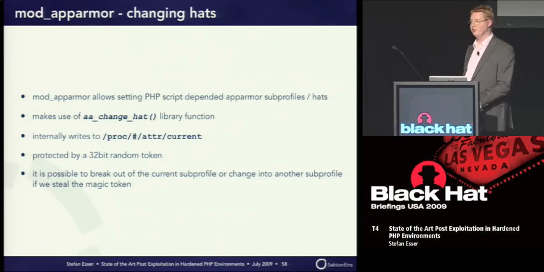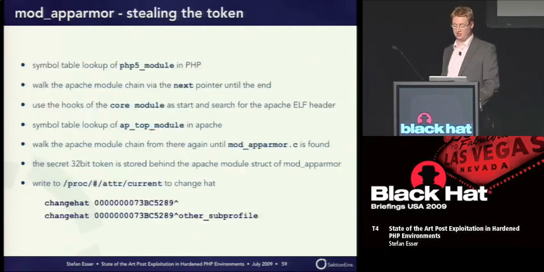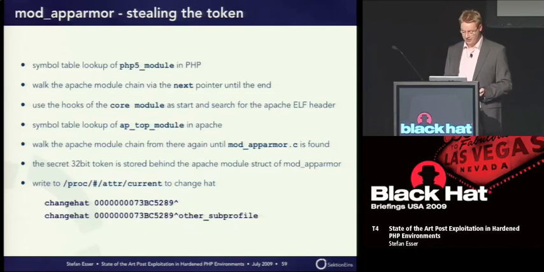But to change it, you need to know a random 32-bit token that is initialized at the beginning of mod_apparmor. And you can break out of the current subprofile by just knowing this cookie. Because we can leak any kind of memory, we can do a very simple thing. The first thing is we know where PHP is in memory, so we look up the PHP 5 module pointer, and then we just walk the chain of Apache modules back to the beginning.